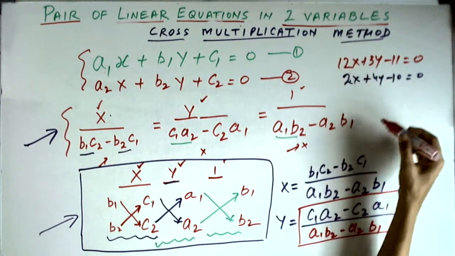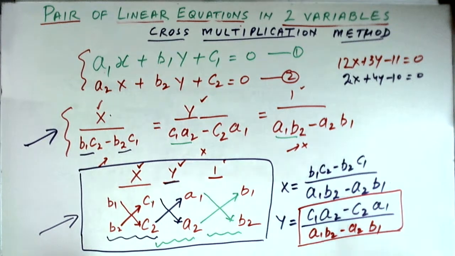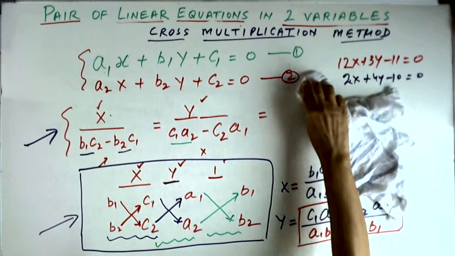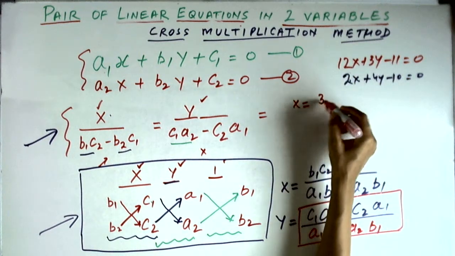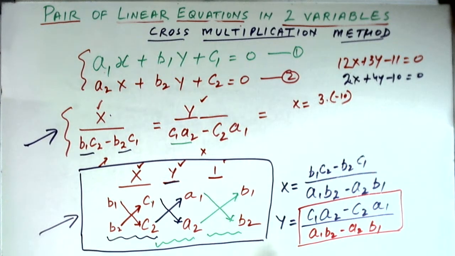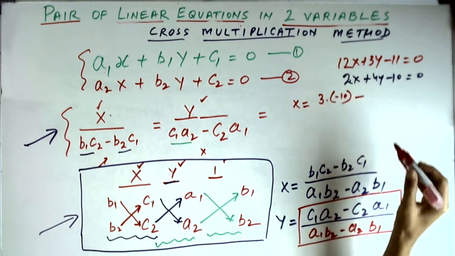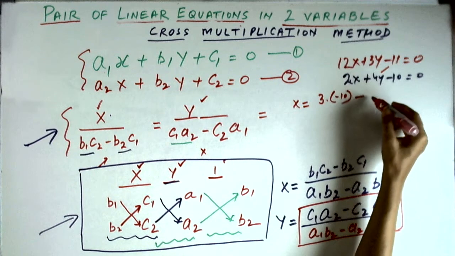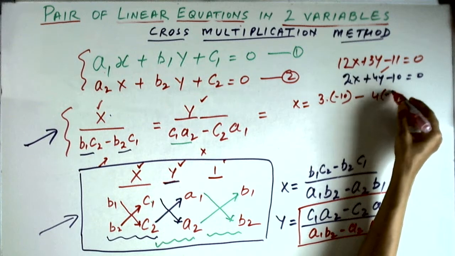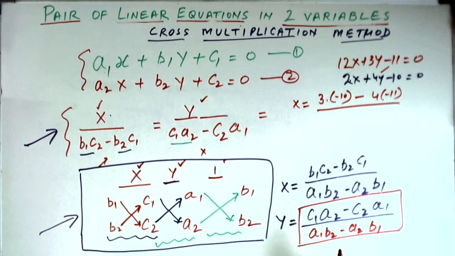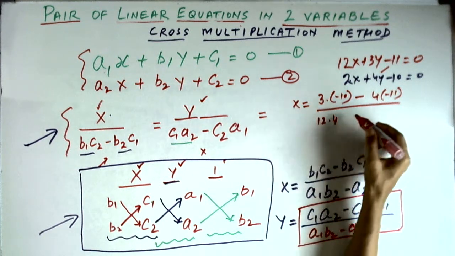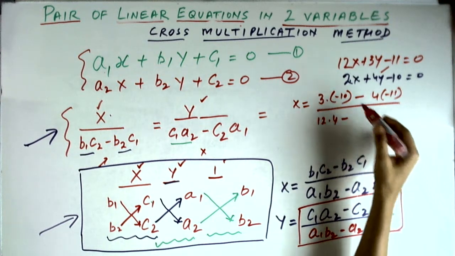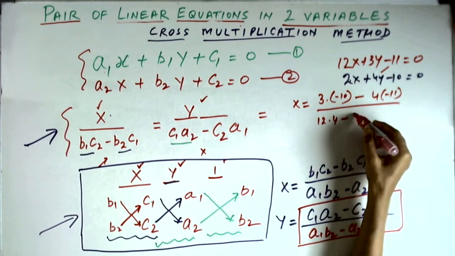For finding x, x will be equal to b1 c2, that means 3 into minus 10, minus b2 c1, that means 4 into minus 11, over a1 b2, which is 12 into 4, minus a2 b1, which is 2 into 3.